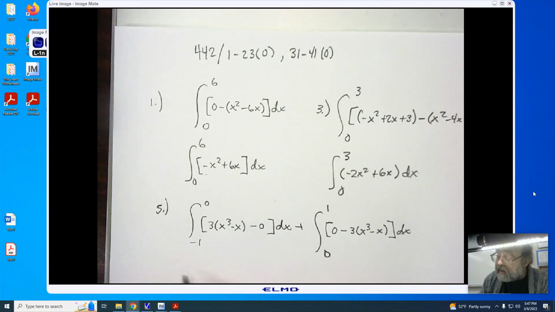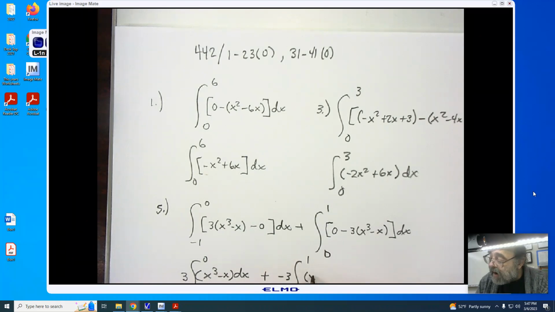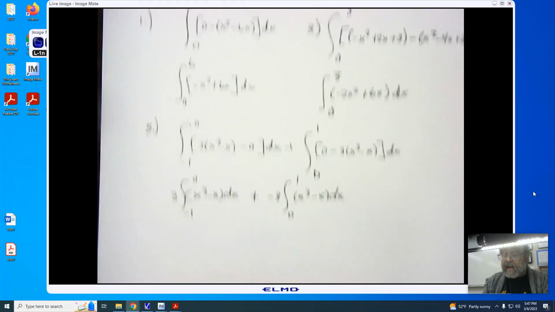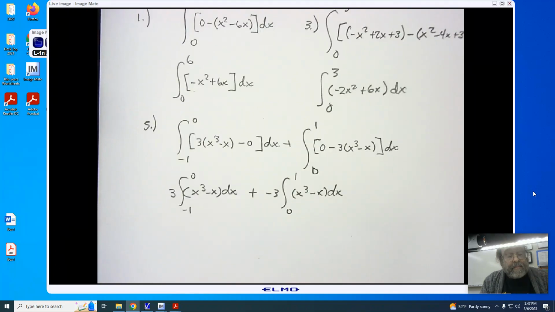And I'm just going to go ahead and simplify this as I did before. Negative 1 to 0, 3 comes out, and I have x cubed minus x dx, plus, and then I'm going to pull out the negative 3, 0 to 1, and once again we have the x cubed minus x dx. And that's my answer for number 5.